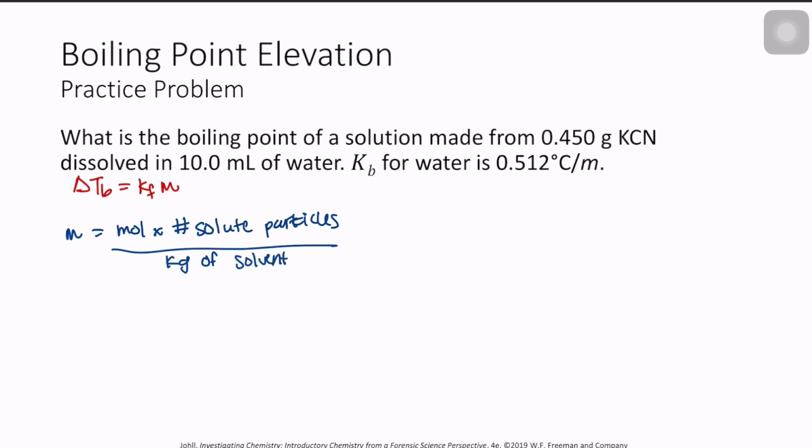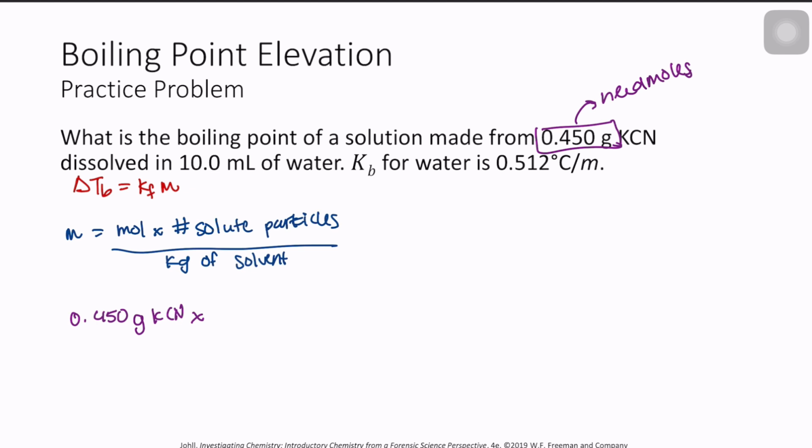So the first thing I'm going to have to do is change my grams to moles. We need that in moles in order to calculate the molality. So I can use the molar mass in order to do that. 0.450 grams of KCN times, now I need to calculate the molar mass.